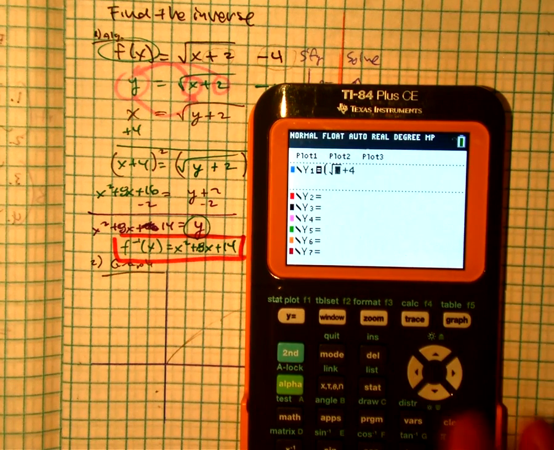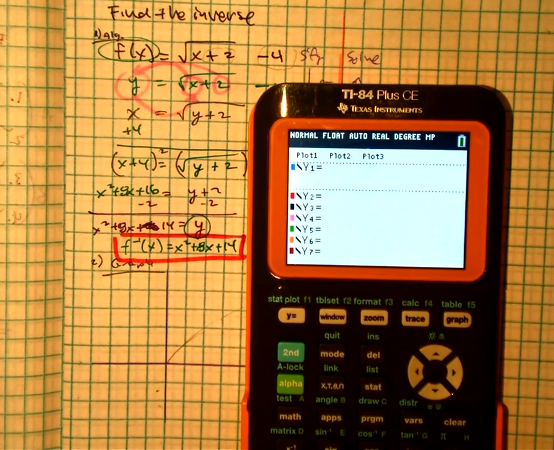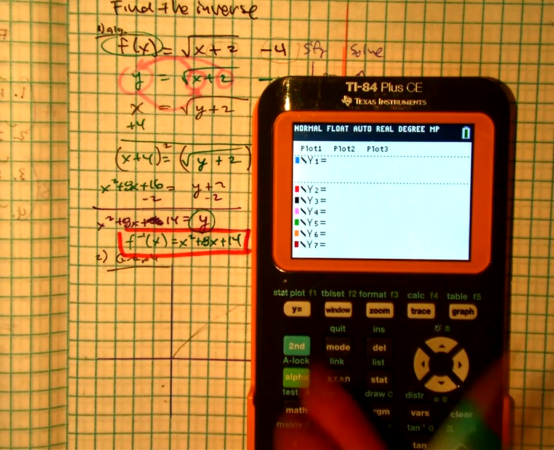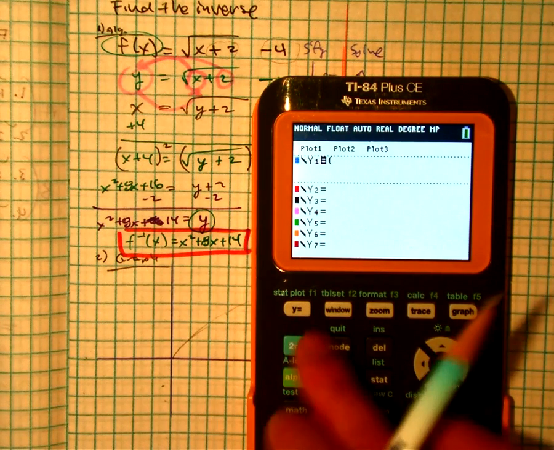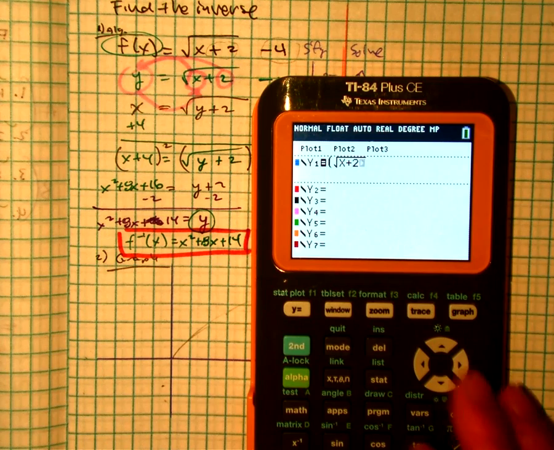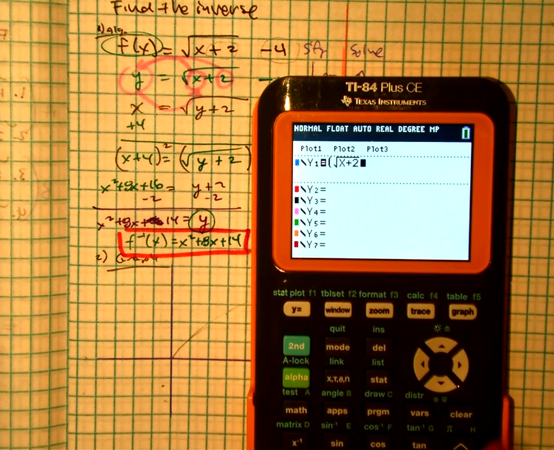Delete. Let's try that again. This calculator can do it, so I'm going to do it with extra parentheses just for students who don't have what they call MathPrint. Square root, parentheses, square root, x plus 2. And then I'm going to add 4 to that. Minus 4. Good job.